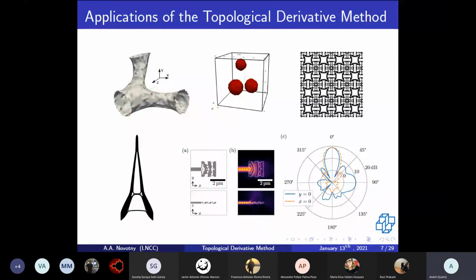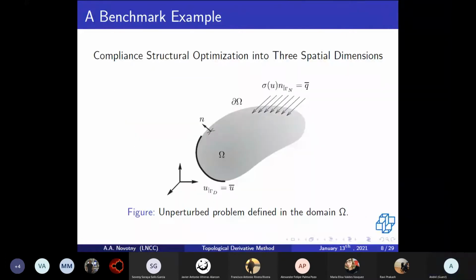Okay, so the idea here is to maximize the power of this antenna in this region. Okay, so in all these applications we use the topological derivative. So in order to fix the idea, let me show a benchmark example on structure optimization.